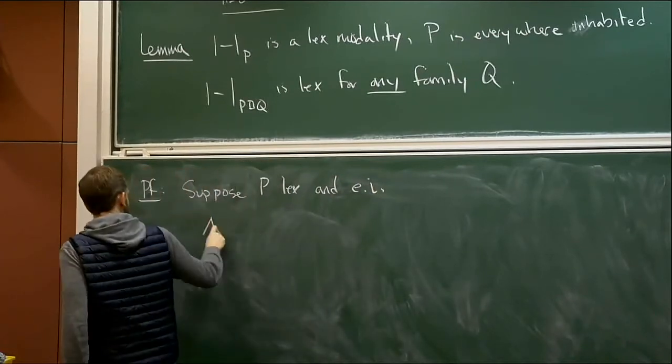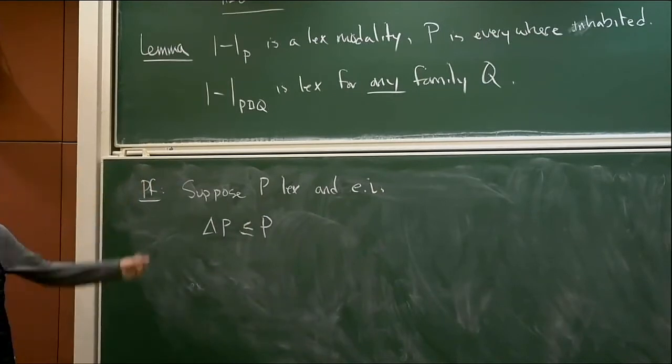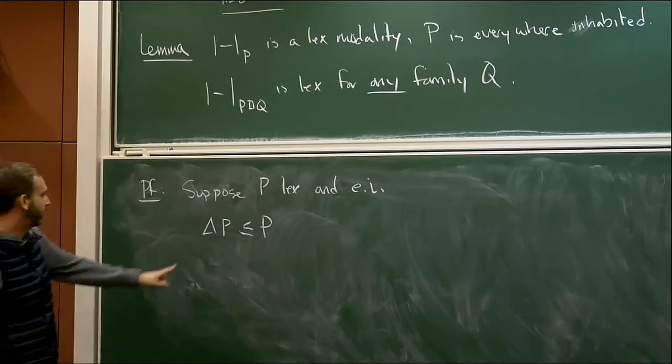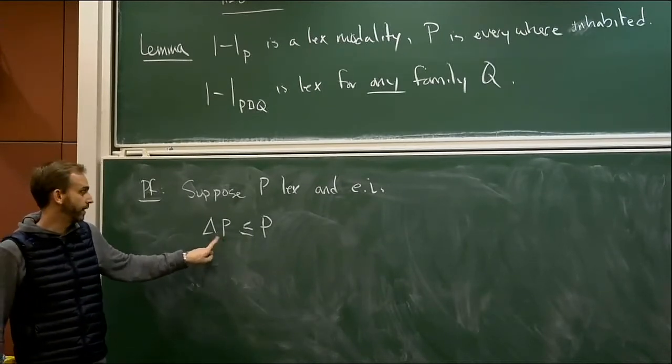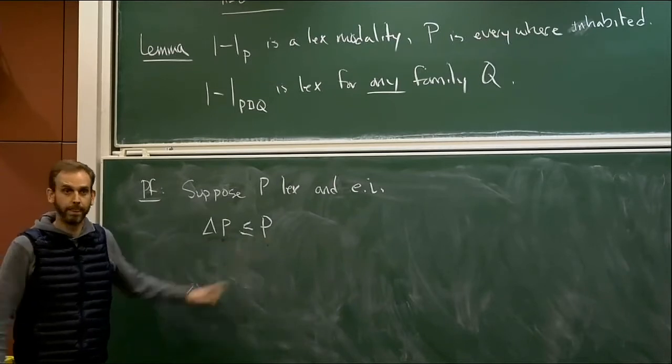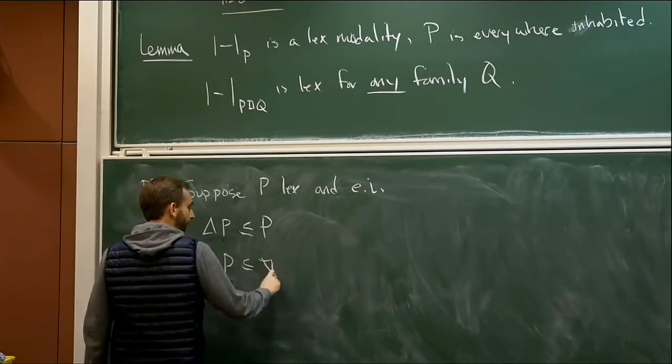Because it's Lex, I have by the characterization that the diagonal of P is less than P. This was the equivalent condition to being Lex. But by this adjunction formula, whenever P is non-empty, I can trade in this diagonal and move it over to the other side. So I get P is less than or equal to the codiagonal of P.